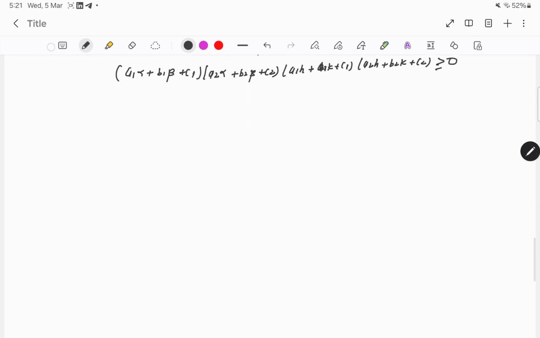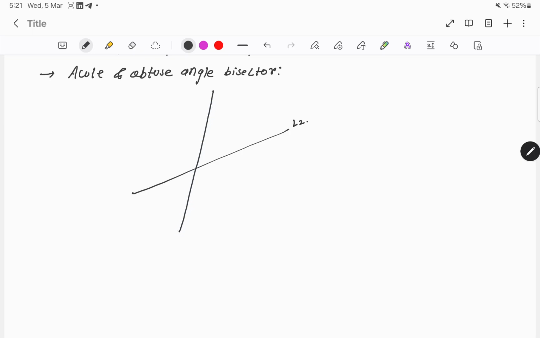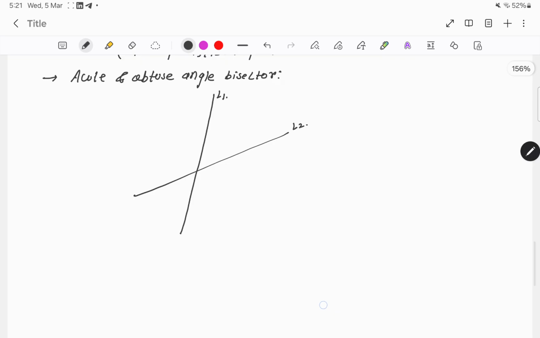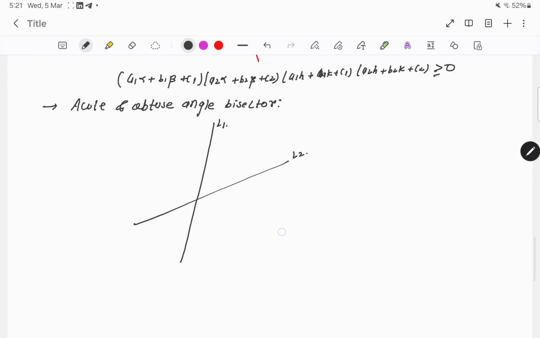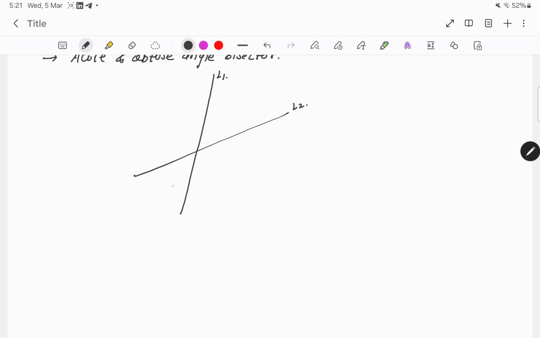Now one more concept is there. Suppose this is angle theta, this is also an angle, but this will be an obtuse angle.